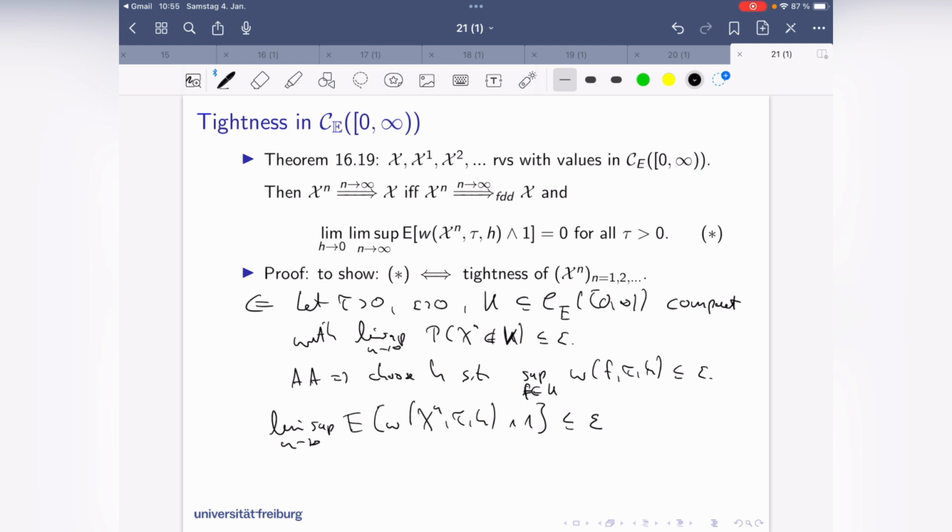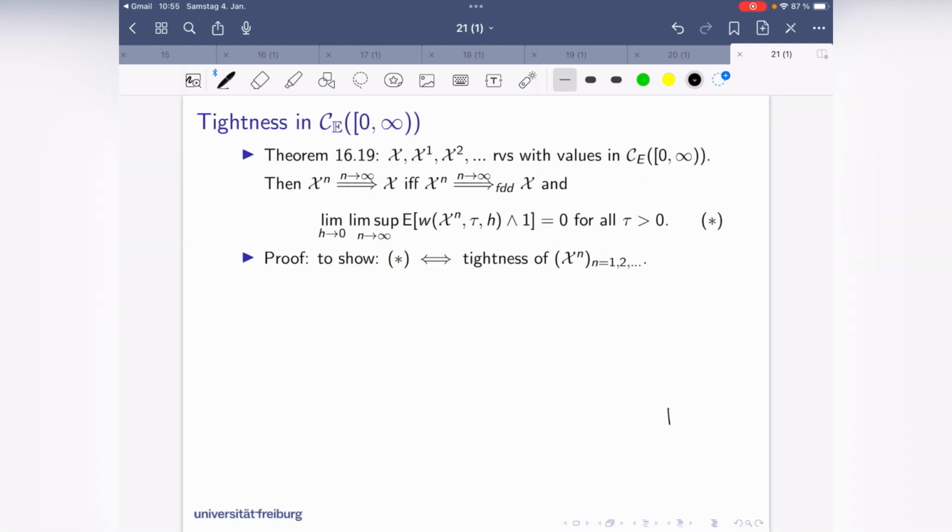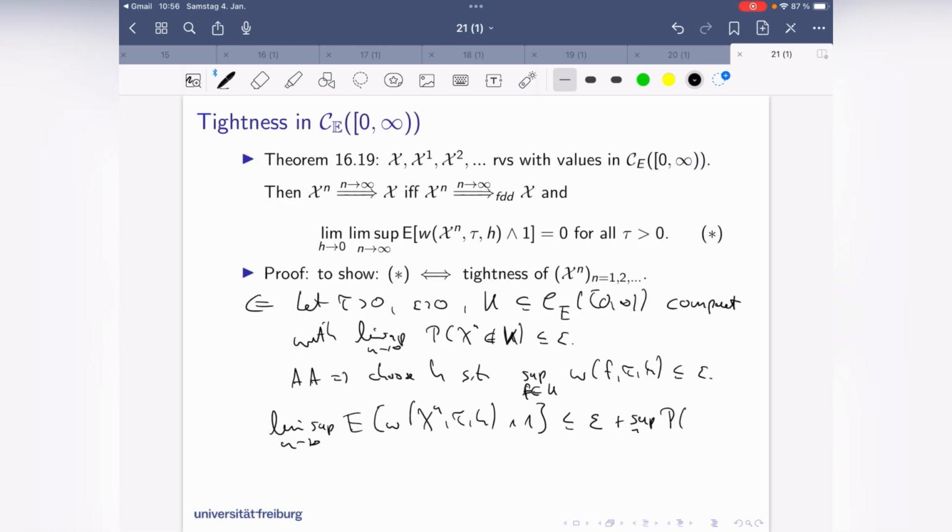Yeah, so again, if X_n is in K, then the w here is at most epsilon, so I can bound this thing here by epsilon. And the only thing which can otherwise occur is that w(X_n, tau, h) is bigger than epsilon.